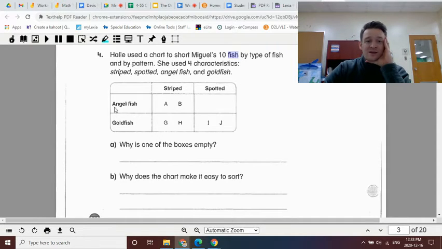This is a cool type of chart. We have angelfish and goldfish down here. And angelfish that are striped would go in this column, and goldfish that are striped go in this column, and goldfish that are spotted go in this column. Question A says, why is one of the boxes empty? And question B says, why does the chart make it easy to sort?